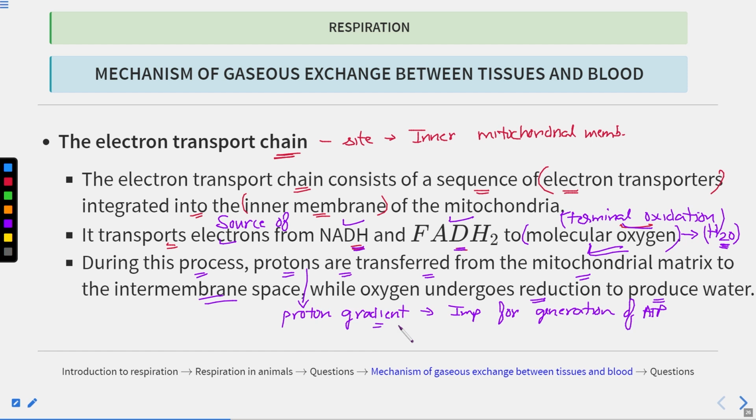Because of the breakdown of the proton gradient, ATP is generated, but we don't have to go into detail. Initially protons are present in the mitochondrial matrix, and as the electrons are transferred from one carrier downstream, protons are transferred from the matrix to the intermembrane space.